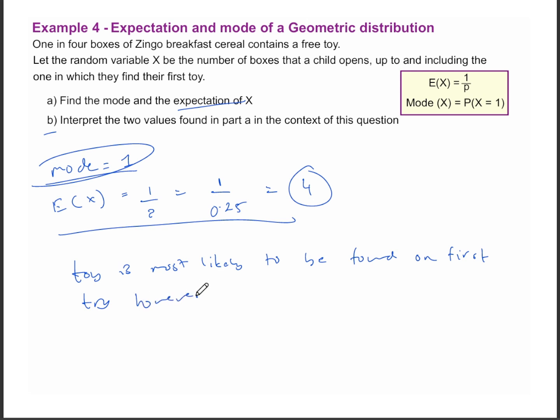However, on average, a child finds the toy on the 4th attempt. There's a big difference between these 2 values here.